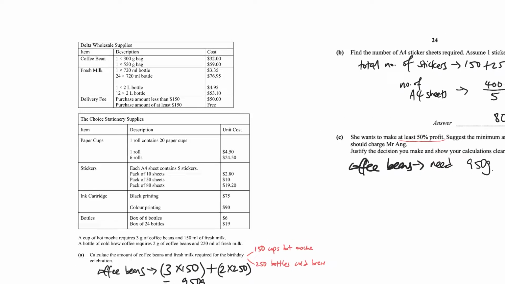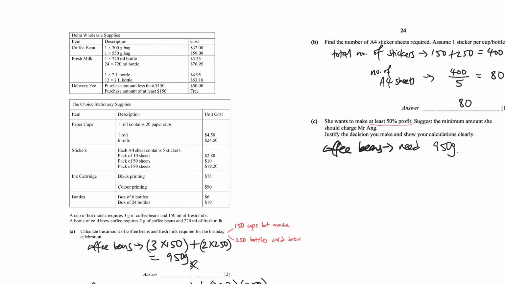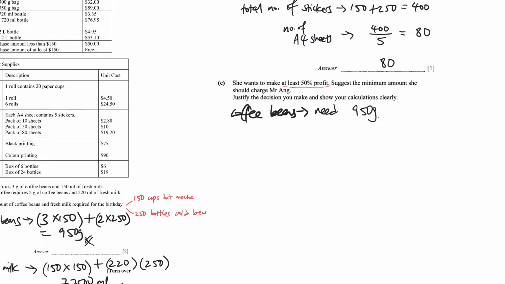And so we look, okay, if we bought this bag, and then another 200 grams, 550 plus 300 is only 850, so it's not enough. We need 950. So I think it's cheapest if we buy 2 of the 550 grams bag, right?